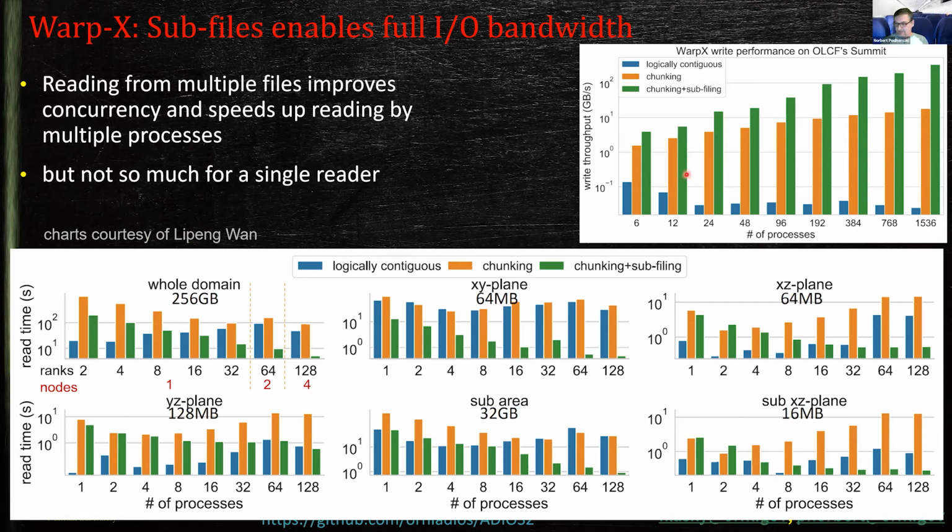When we have tens of terabytes per step and hundreds of terabytes in a giant data case, reading from a single process is not a viable option anymore. I mean, you wish you could, but you can't, because the only way to read the slices with good performance is logically contiguous, but you cannot write them, so it's out of the picture.